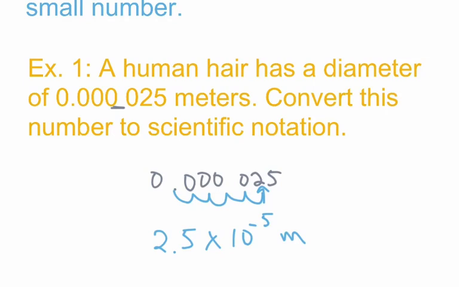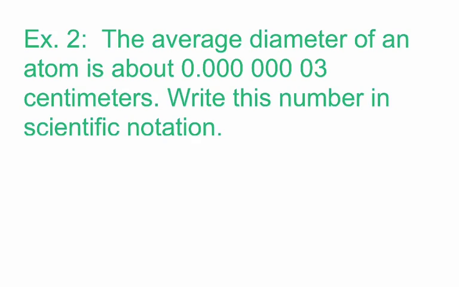Alright, let's take a look at another one. Our second example says the average diameter of an atom is about 0.0000003 centimeters. We want to write this number in scientific notation. So, I go ahead, I rewrite the number. This is the work that I'll expect to see when you do your homework.